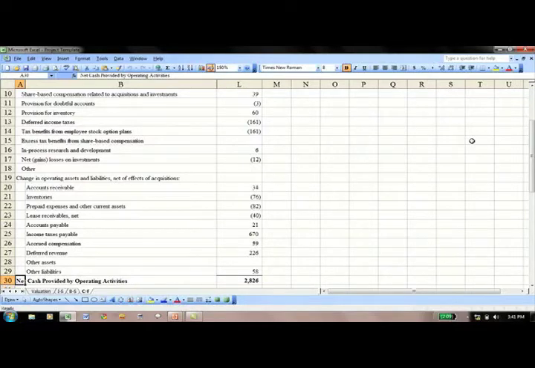Deferred revenue, $226 million, fairly self-explanatory. And then they've got other liabilities, very similar, sort of think about it as accounts payable or any payable that did not take cash out of the company.